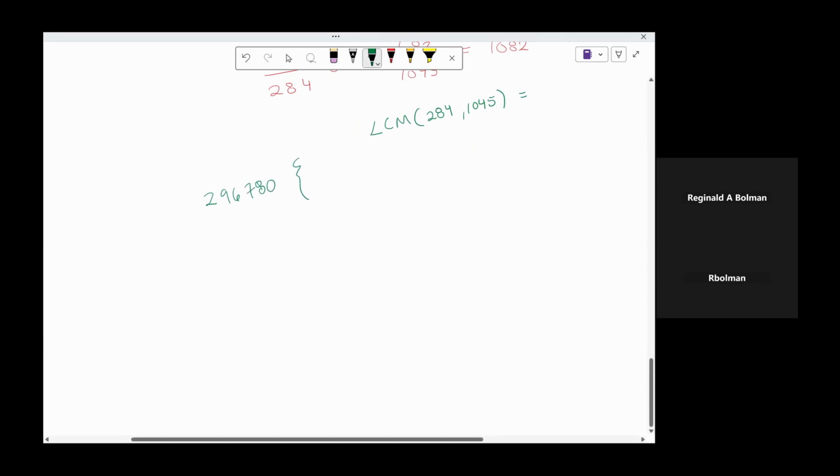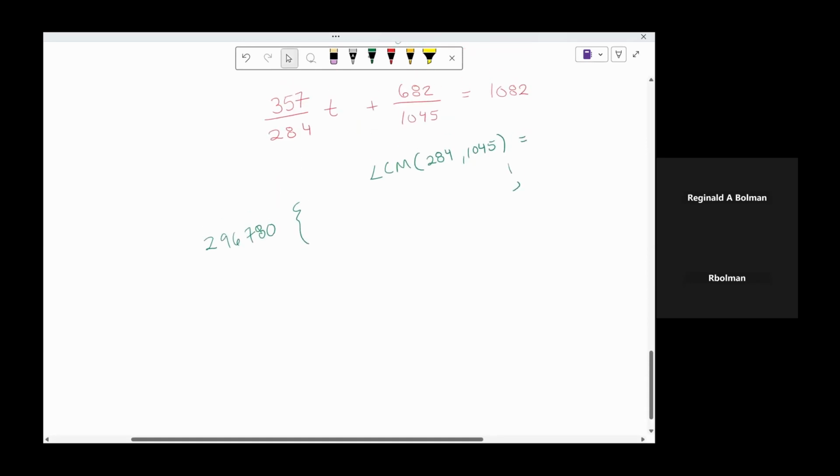And what this LCM is telling me to do is it's saying you need to multiply this quantity across this entire monstrosity. So 357 over 284 t plus 682 over 1045 is equal to 1082. And when you do this, it isn't to say this is going to be an easy task, mind you.